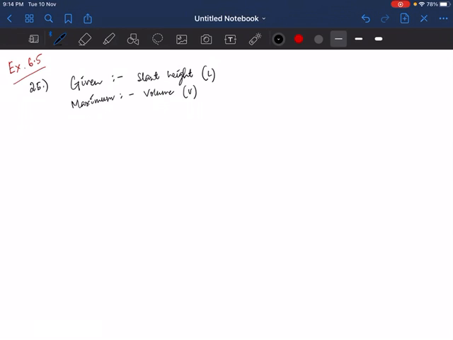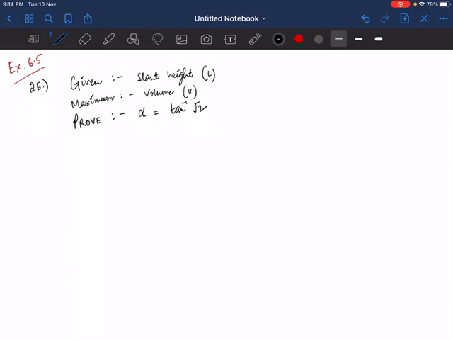And what do we have to prove? We have to prove that the semi-vertical angle is tan inverse root 2. To prove that, let us take the semi-vertical angle alpha equal to tan inverse root 2. So these are the facts given in the question.